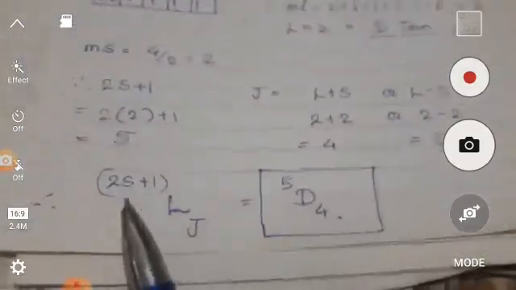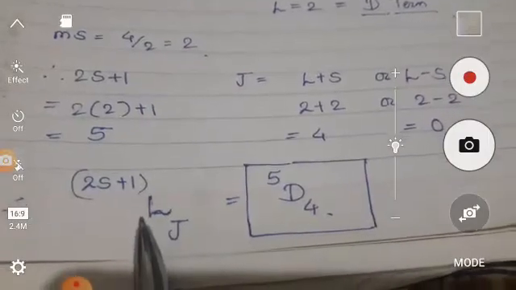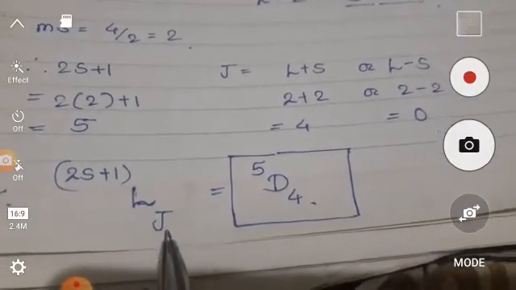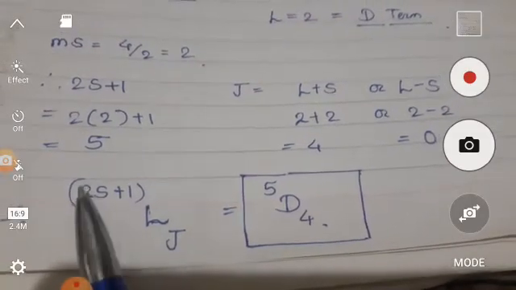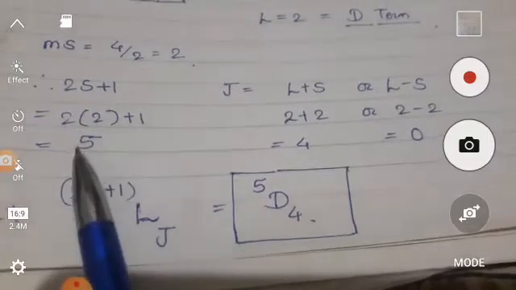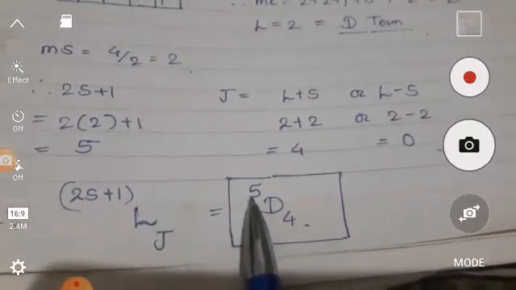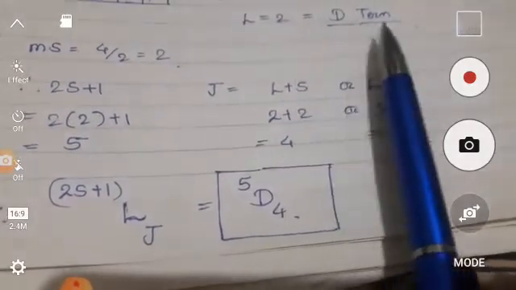Okay. Now by using these formulas, 2S plus 1 is spin coupling, L is orbital coupling, and the last one, J, is spin orbital type of coupling. So 2S plus 1 is 5, so it is pentate. L equal to 2 means the D term.